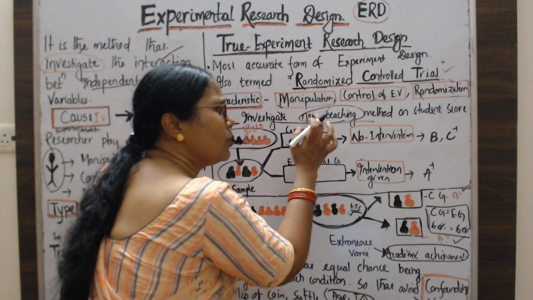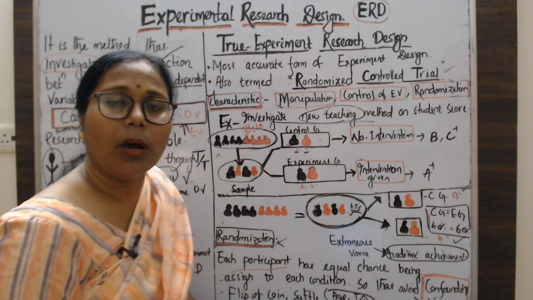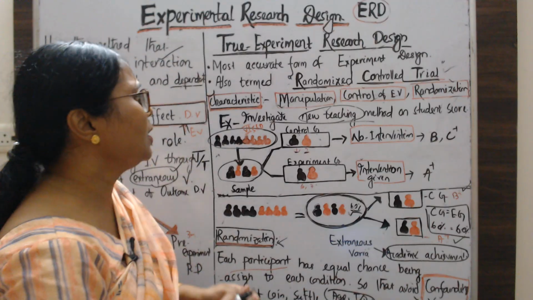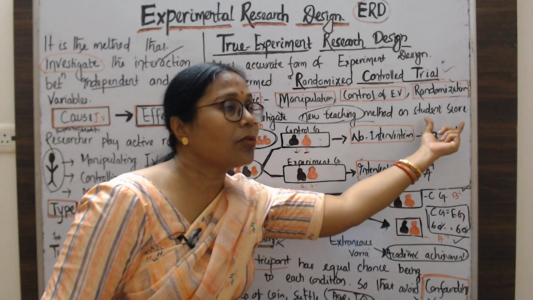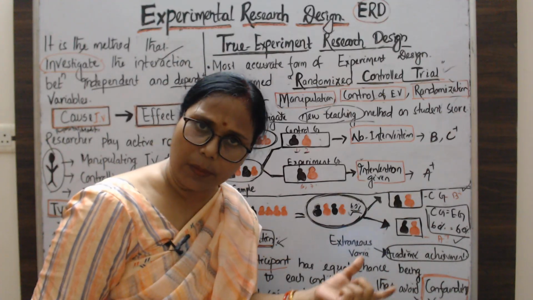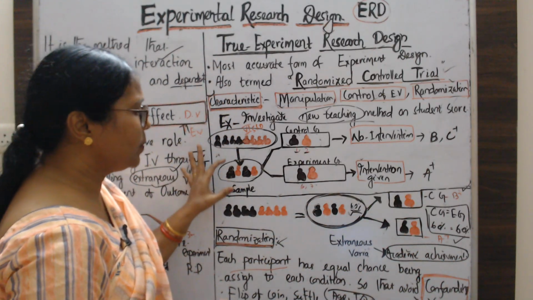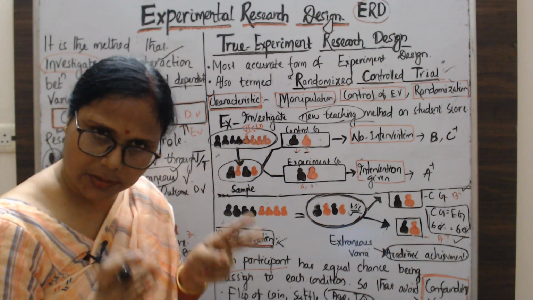By use of the new teaching methods, what will be the score of the students? Here the new teaching method is the independent variable, and the student score or performance is the dependent variable.